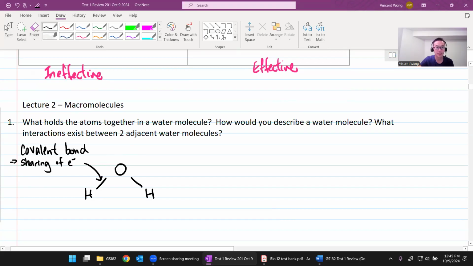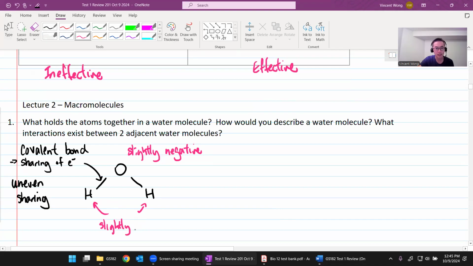But in the case of water, it is uneven sharing. Okay, which means oxygen is slightly negative, whereas the hydrogens, they are slightly positive.